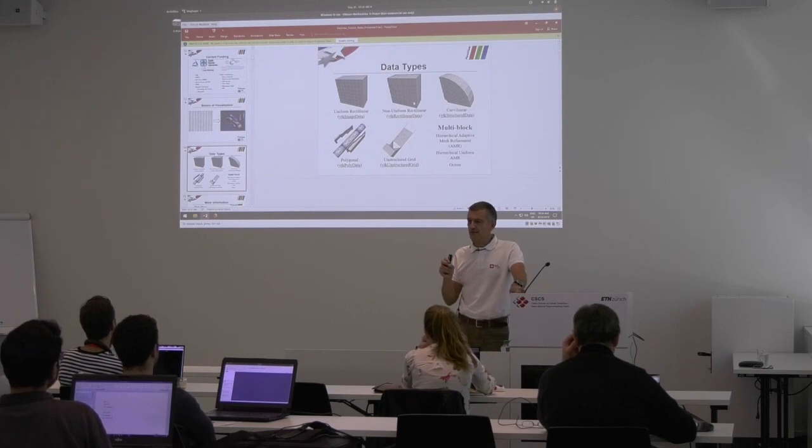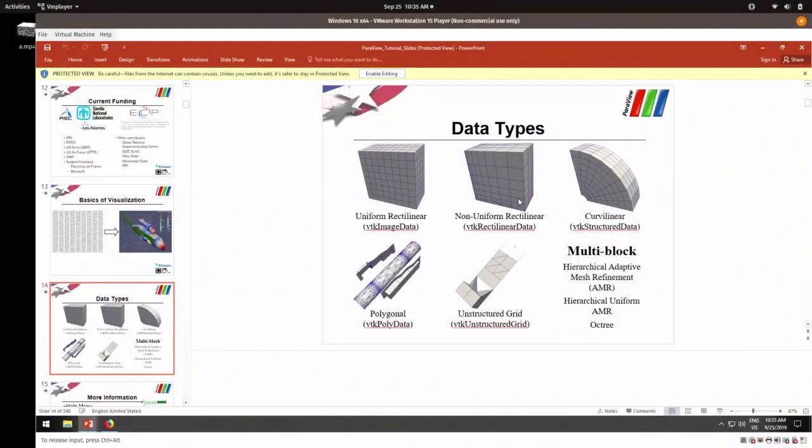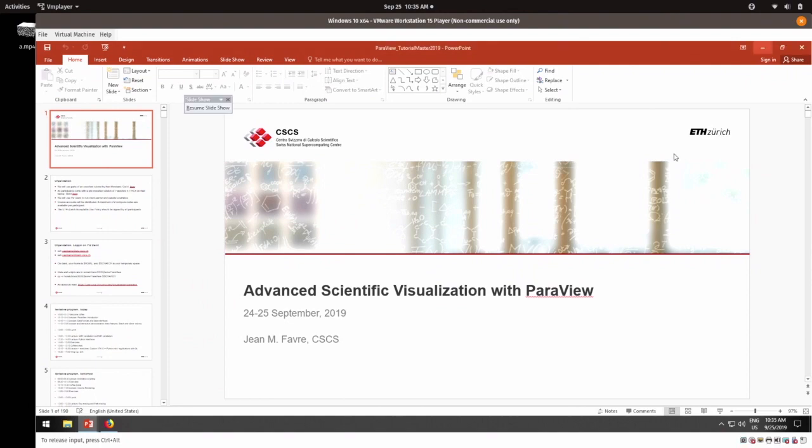If you do SPH, smooth particle hydrodynamics, for example, you'll only have points. If you do LIDAR, you'll have clouds of points, many of them. We can do all of this with ParaView. Okay, so this is quite interesting to know.